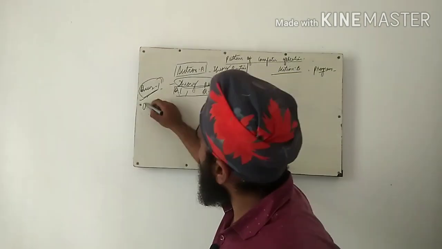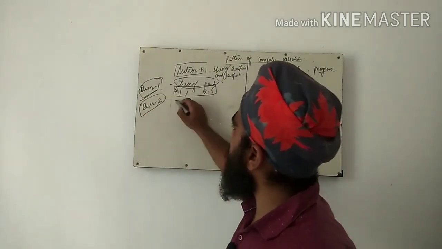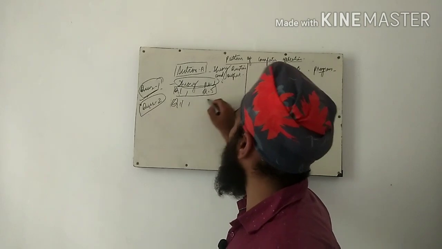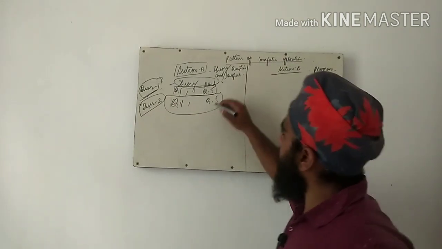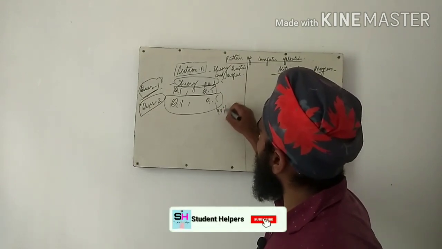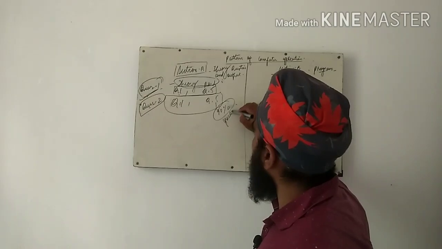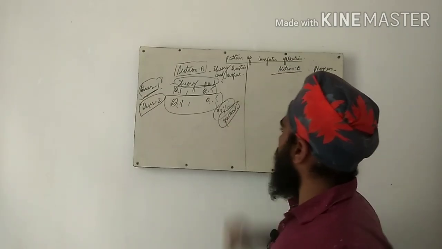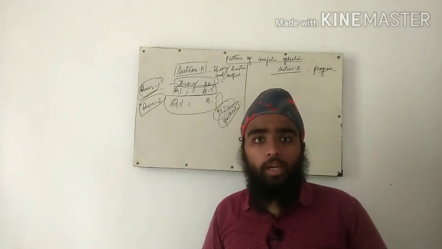In question number 2, it also consists of 5 parts, 1 to 5, but 90% chance all the questions are from practical work. Practical, like what is the difference between while and do while.